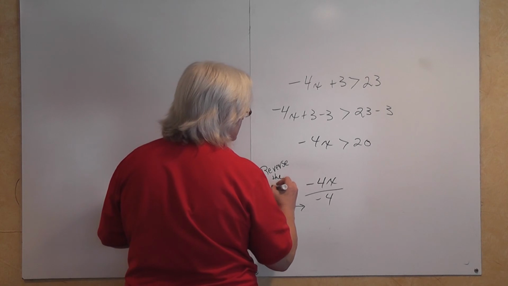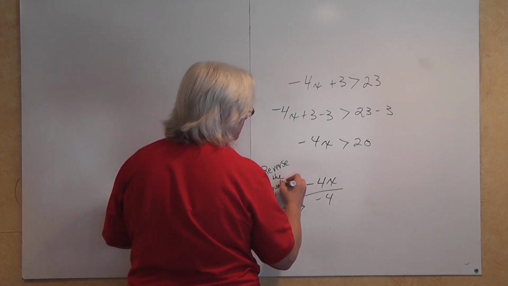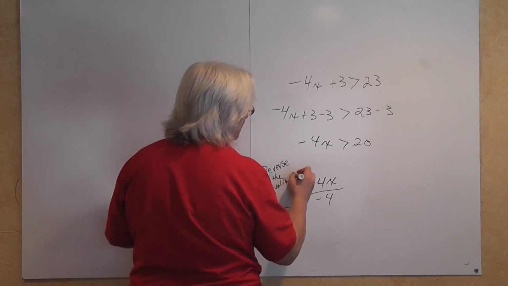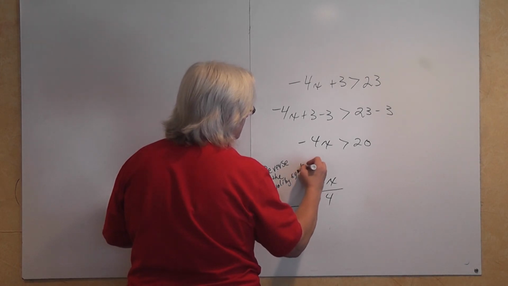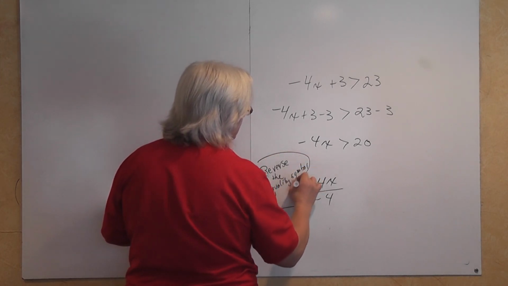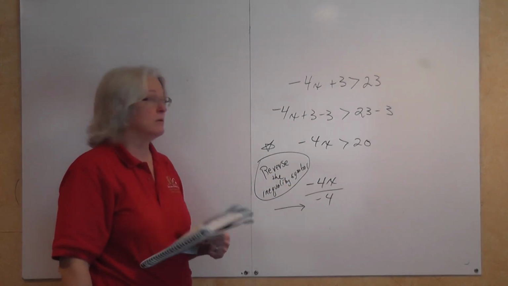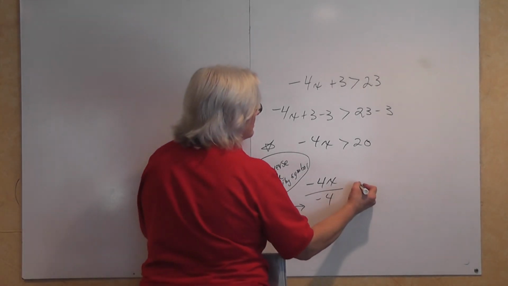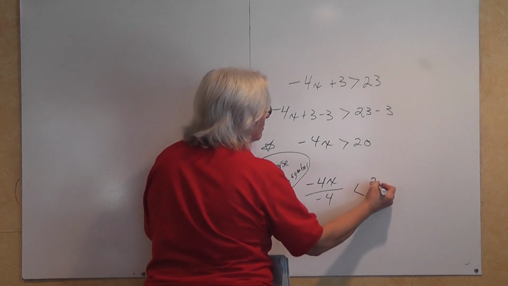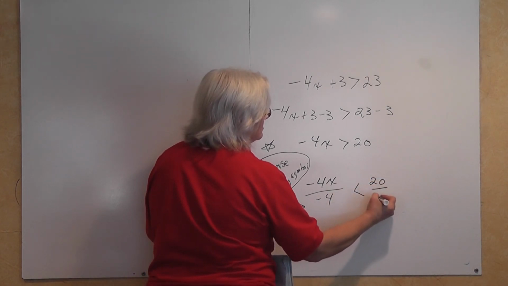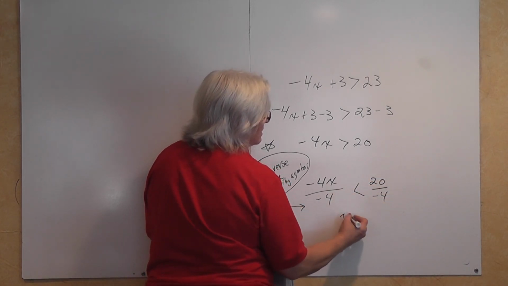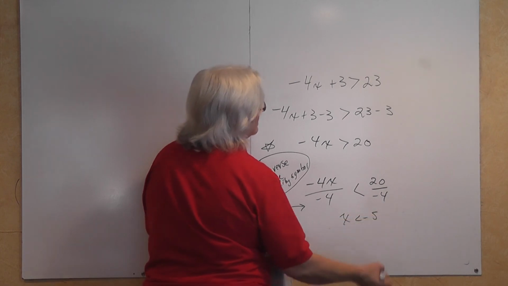Reverse the inequality symbol. Or reverse the order. This right here is huge. We're dividing by a negative number, so the direction of your inequality symbol has to change. x is less than a negative 5.